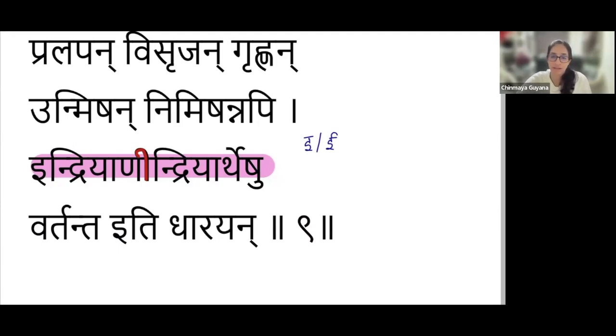Indriyani, indriyartheshu is what? My next question is going to be, what is the case, gender, and number of indriyani and indriyartheshu, both of them. What? But this is Sandhi class. Why are you asking about nouns? No, this is Sanskrit class.